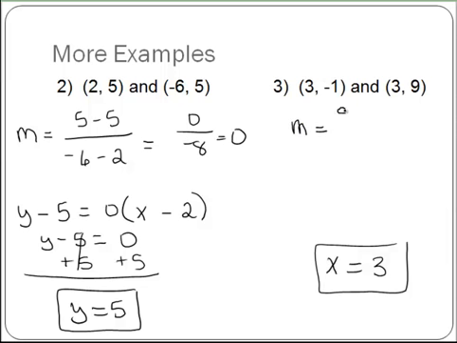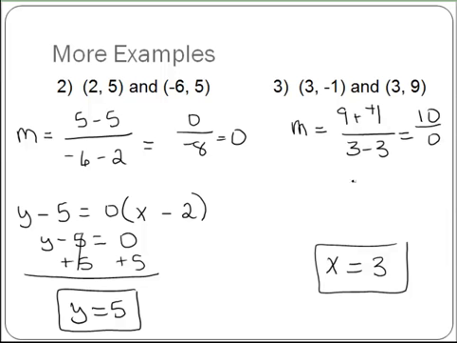Slope is equal to y2 minus y1 over x2 minus x1. So you end up with 10 over 0, which is undefined. This is one of those you just have to remember. If it's undefined, it's going to be a vertical line, which is defined as x equals some number.